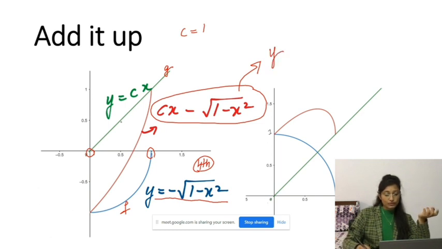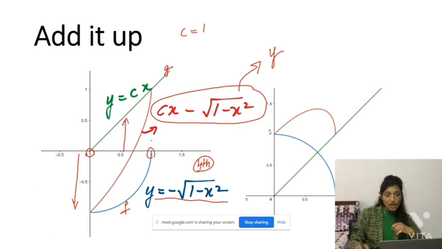I have shown you the formulation of adding up. In a similar manner, these are being added. Just take note that the quarter circle is going downwards and this line is going upwards. So that's why our red line, which shows the heart, has gone upwards and sits in the middle of the blue and green lines, because this was in the downward direction, which is negative, and this was in the positive direction.